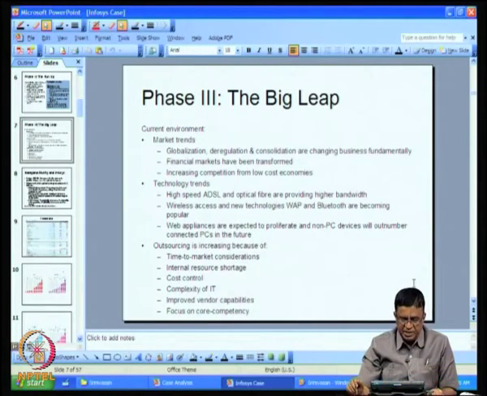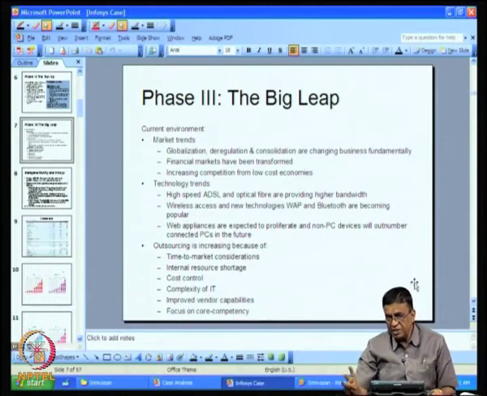The market trends, what do they say? They point to globalization, deregulation and consolidation. These are changing business fundamentally. Then financial markets have been transformed. Then there is increasing competition from low cost economies.